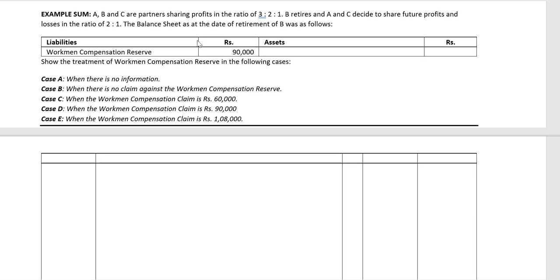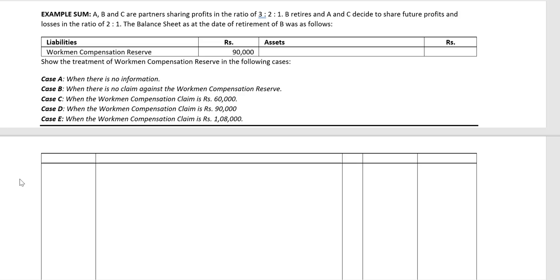The balance sheet is given, and on the liability side we have a workmen compensation reserve amount rupees 90,000. We are asked to show the treatment of workmen compensation reserve in the following cases. We have 5 cases given and we need to show the treatment of the reserve in these 5 cases. So let's begin with the solution.